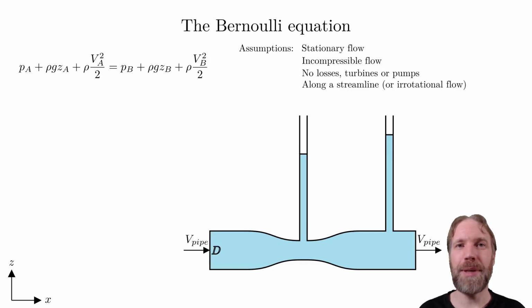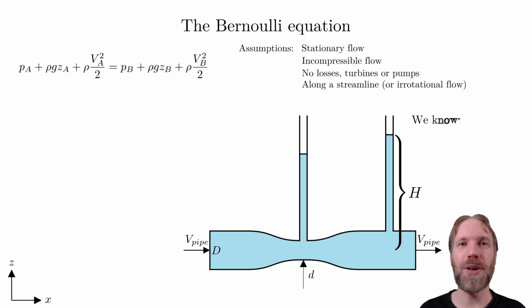The inlet diameter is capital D and the narrow section has diameter small d. The height of the water column in the right pipe is capital H. Assume that all these values are known. Now we want to calculate the height in the left pipe, called small h.